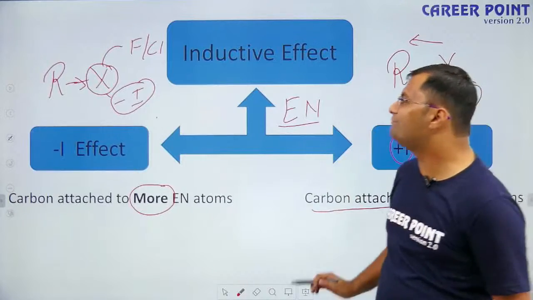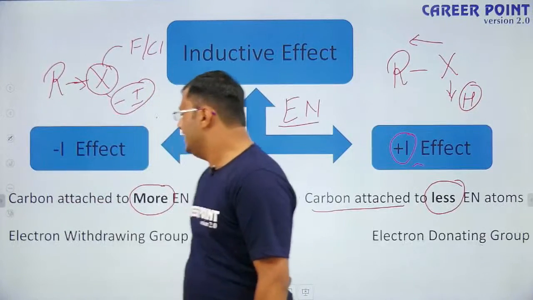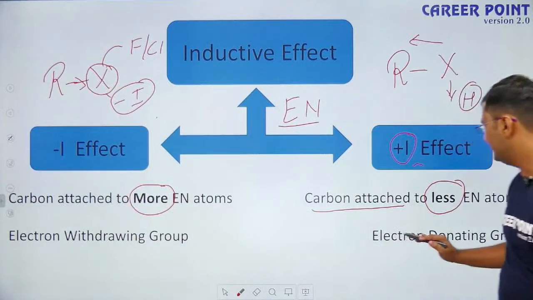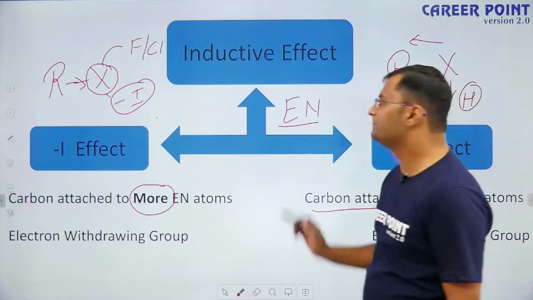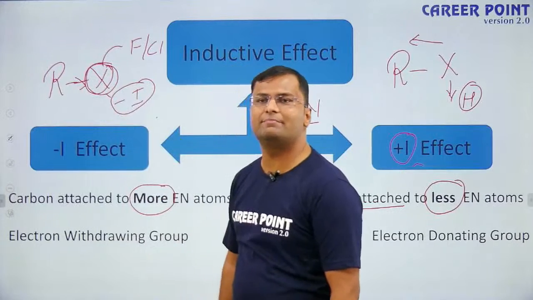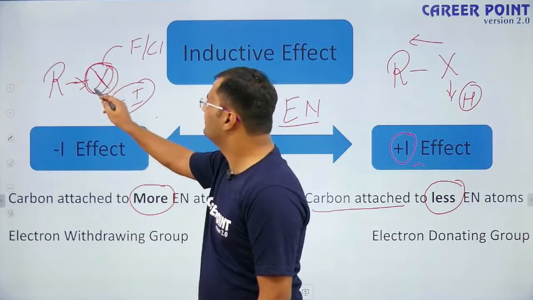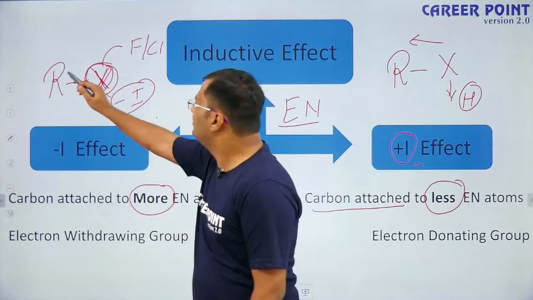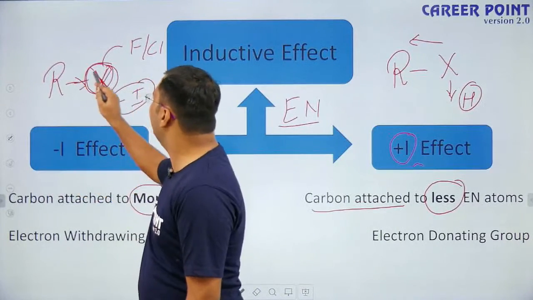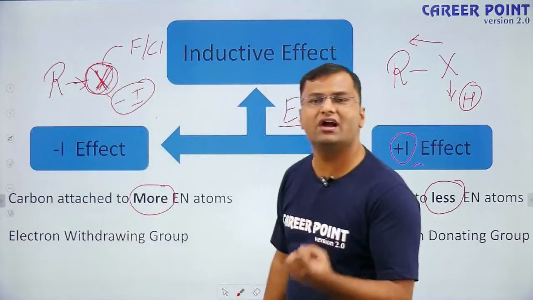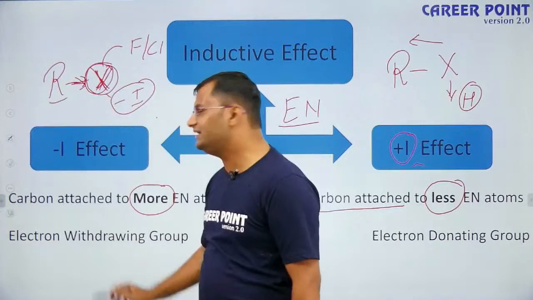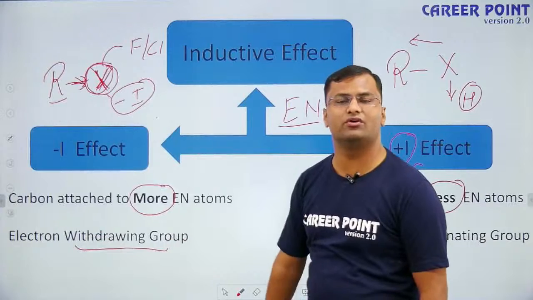Clear? Now the second point is that the minus I groups are electron withdrawing groups and the plus I groups are electron donating groups. Let us take an example of R-X. This X is withdrawing or pulling the electron of R, so we can say that it is an electron withdrawing group.